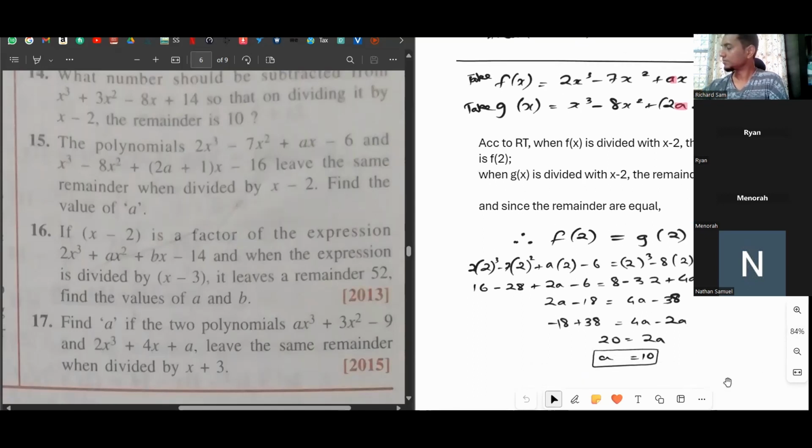No. Two cube, you wrote 2 square. Not square, it's 2 cube. And you put 20 upon 2, and when I cut it, I got 10. Yeah, you made a mistake here.